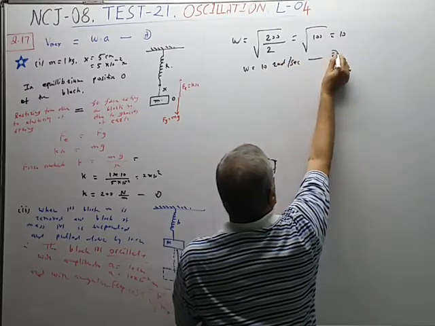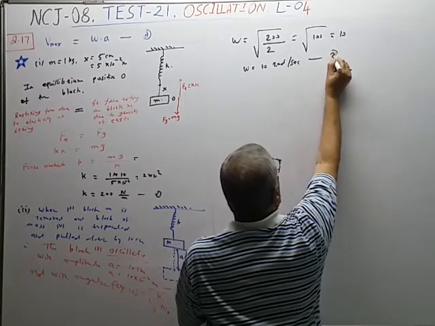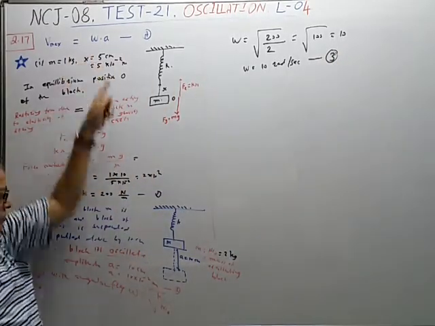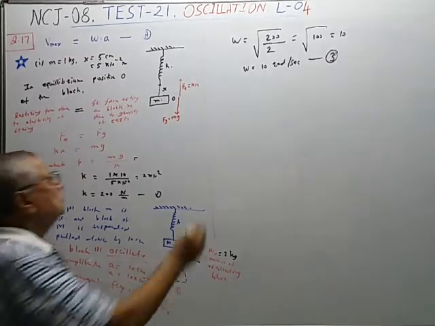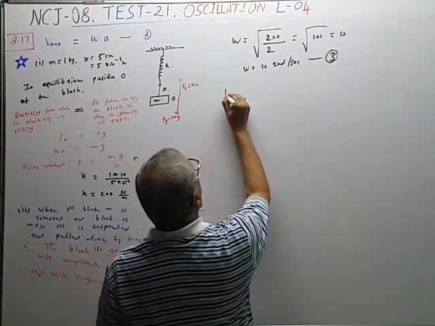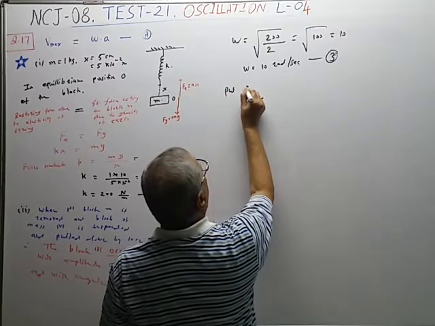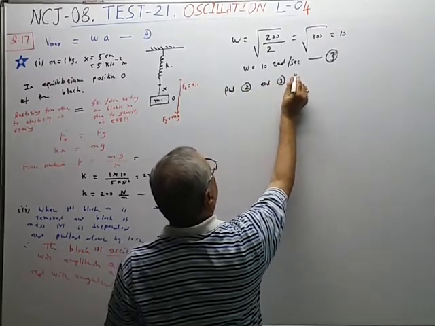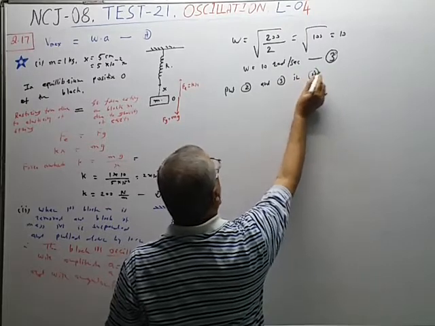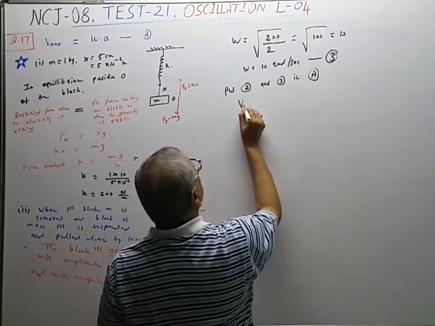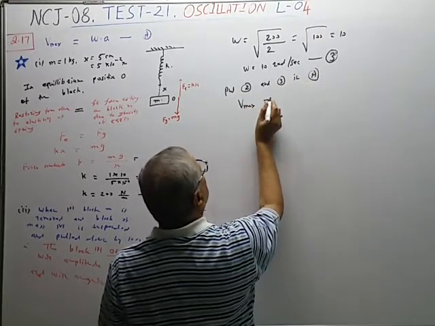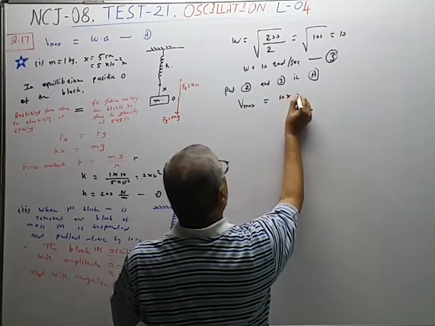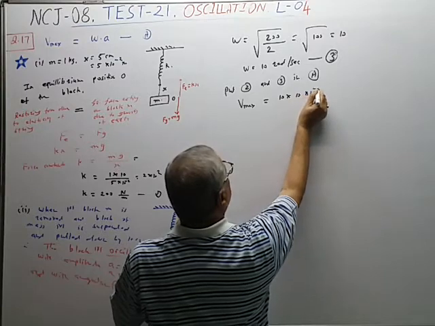This is the question 3. So we know omega in this equation. We know amplitude. So put 2 and 3 in equation A. Therefore, maximum velocity Vmax is equal to omega, which has value 10, and amplitude, which has value 10 into 10 raised to minus 2.